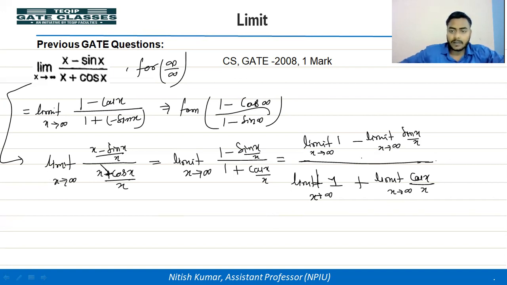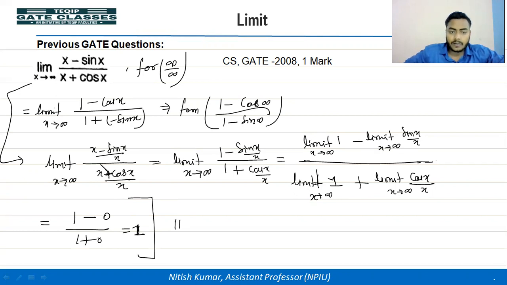So what are we getting here? 1 minus this value. What form are we getting? Infinity in the denominator, so we are getting 0. So we are getting 1 minus 0, 1 plus 0. We are getting 1.